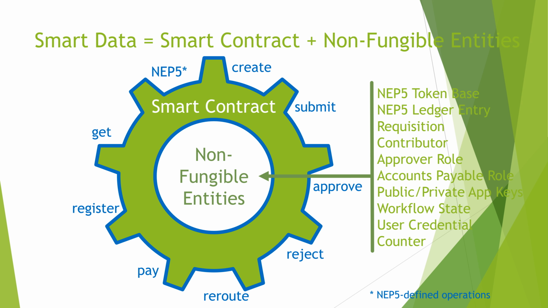Notice that these are higher level business oriented terms like create, submit, approve, reject, reroute, pay, register, and get. And then finally, we'll need the standard NEP5 operations for managing the transfer of tokens. The non-fungible entities, the smart contract that exposes business level operations. Collectively, we refer to that as smart data.